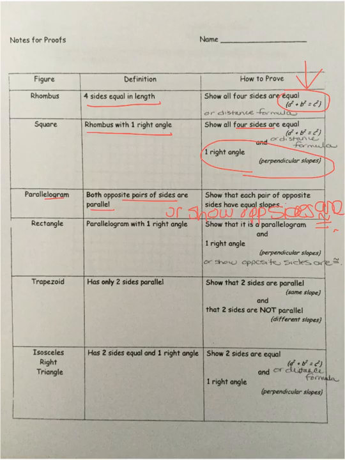In a rectangle, we know that opposite sides are congruent and it also has a right angle. Or you can show that opposite sides are parallel. Okay, so you're going to use two out of these three.